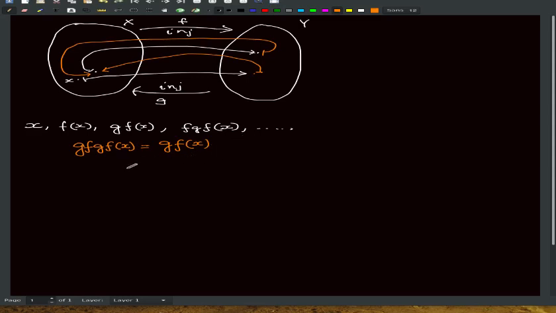Can this happen? Let us see. If this happens, since g is injective, it tells me that f of g of f of x is equal to f of x. Again, since f is injective, it tells me that g of f of x is equal to x.